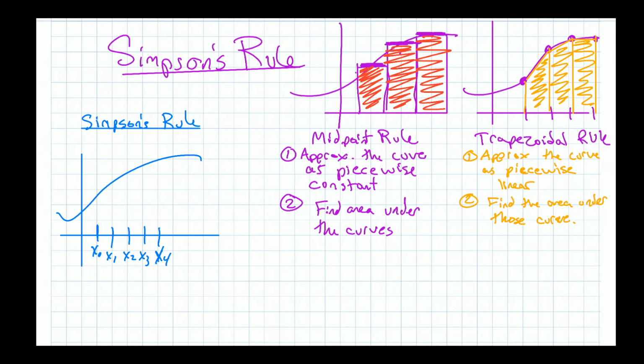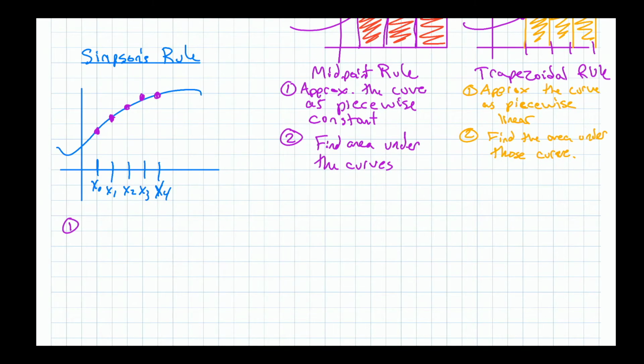So what Simpson's rule does is actually more complicated. It actually approximates your function with quadratic curves, piecewise quadratic. Approximate the curve as piecewise quadratic. That means it can have curvature now.